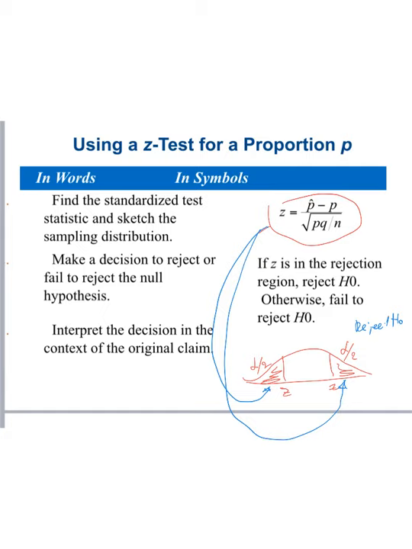If it falls somehow into this region, then fail to reject the null. So basically your number line determines what you're going to do with the null hypothesis.